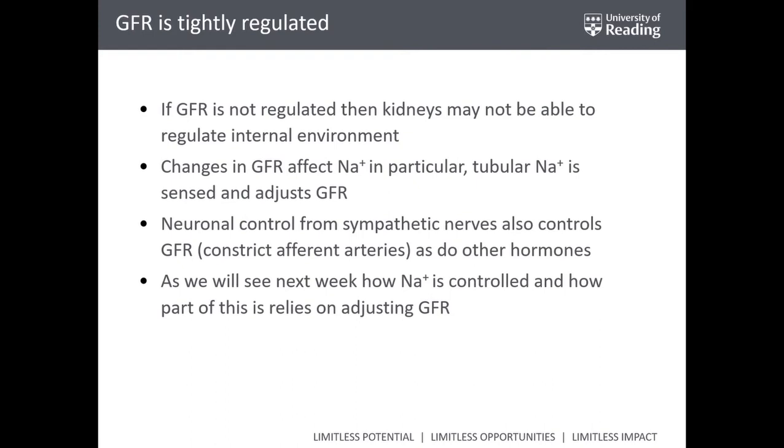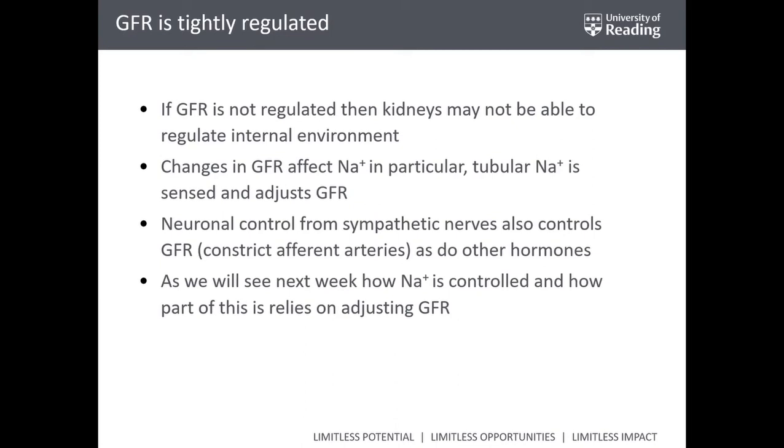The glomerular filtration rate is actually tightly regulated. If it's not regulated, the kidneys may not be able to regulate the internal environment. Changes in glomerular filtration rate can in particular affect, amongst other things, the concentration of sodium. And so changes in tubular sodium are sensed and used to adjust the glomerular filtration rate.